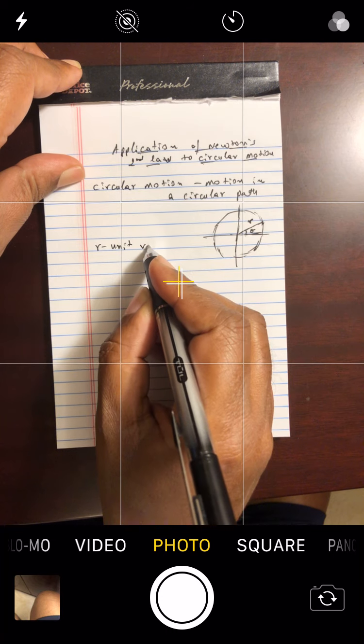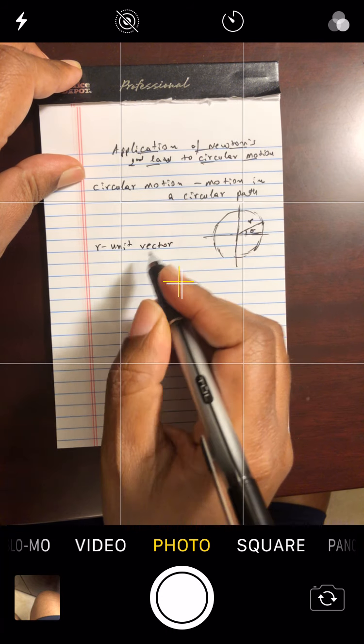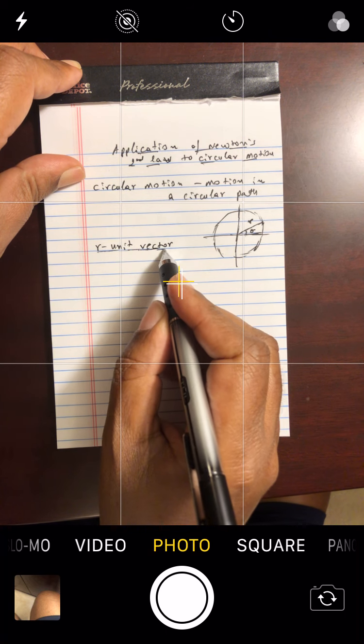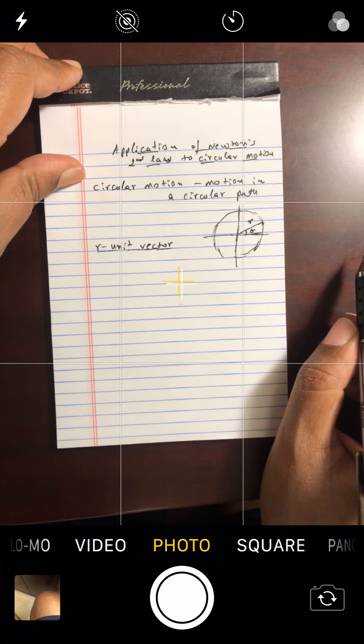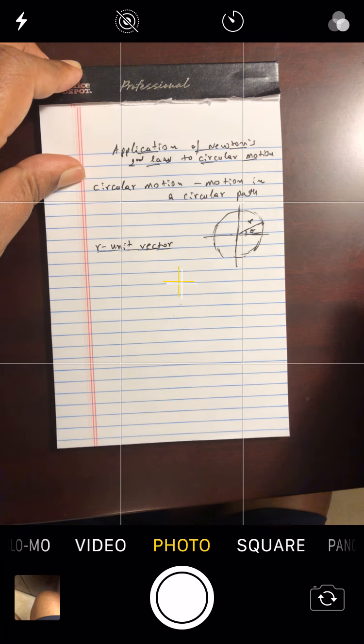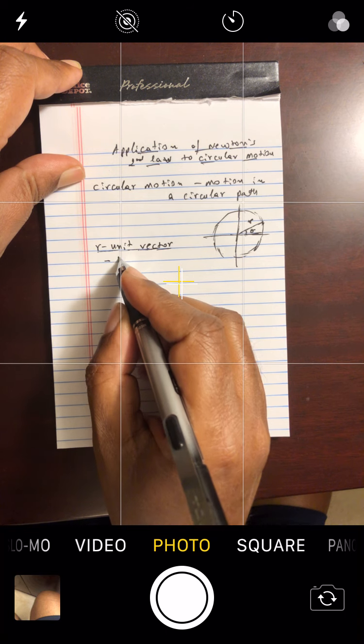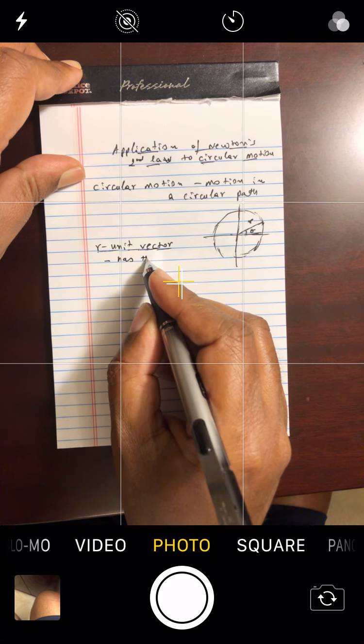Obviously, its magnitude is 1, so we just have to define its direction. The direction of this r unit vector is going to be the same as the direction of the change in the position vector while keeping theta constant.